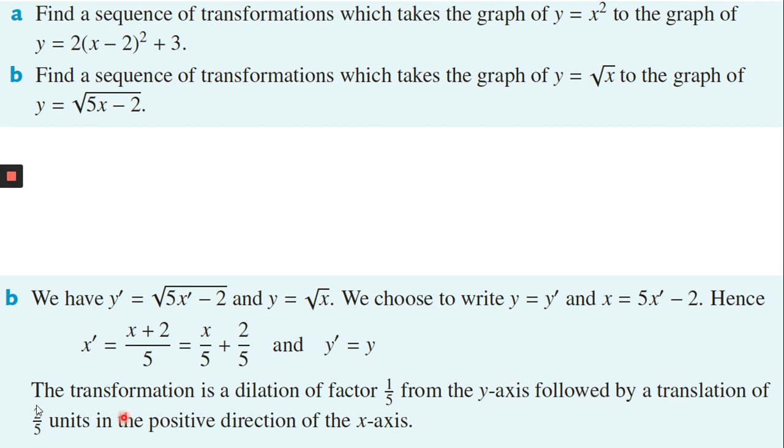Followed by a translation of 2/5 units in the positive direction of the x-axis, and there's no change there at all with the y. So that's a 1/5 from the y, 2/5 in the positive direction of the x-axis. You can see that was too tricky to do just by inspection, wasn't it?